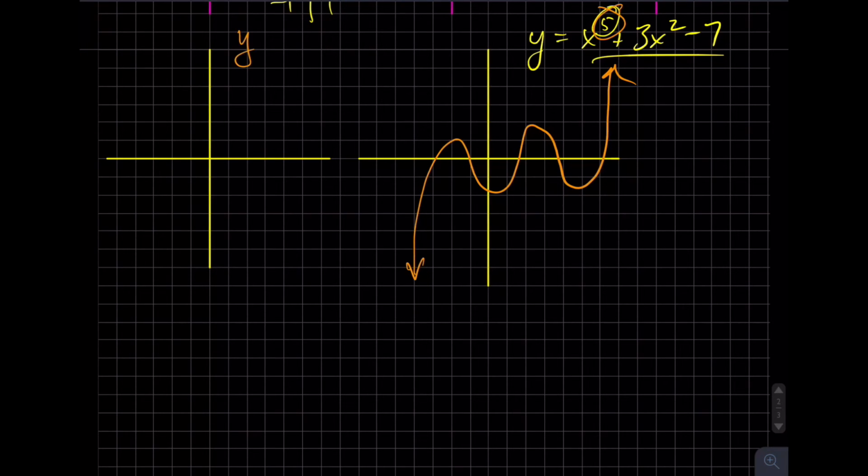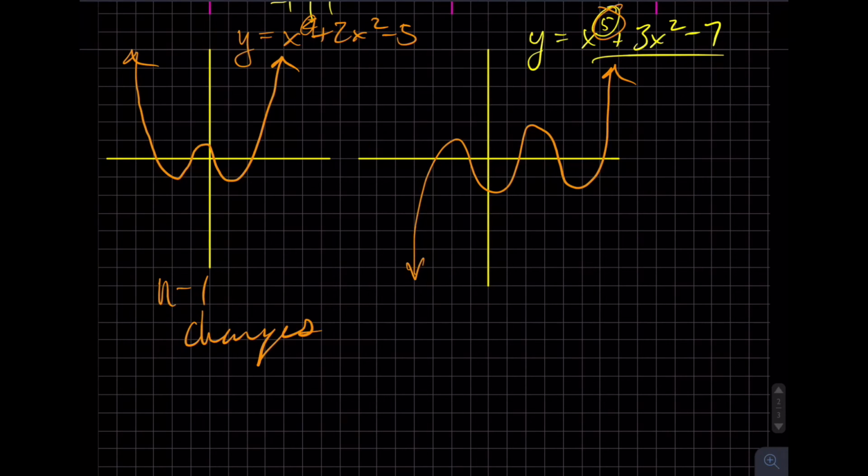Whereas if I had y equals x to the 4th plus 2x squared minus 5, this one has an even exponent, so I know it starts in the same direction, but it can have 1, 2, 3 changes in direction. Again, n minus 1 changes in direction.